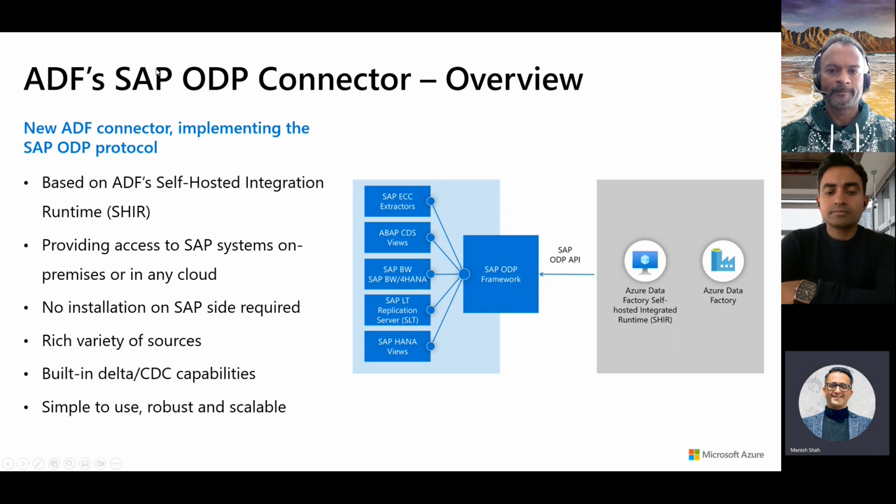So the ODP connector is based on SAP's ODP framework. It allows Azure Data Factory or Azure Synapse to connect to the SAP ODP framework, which then exposes a number of different sources from SAP.